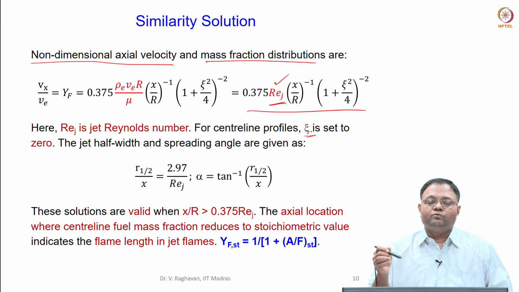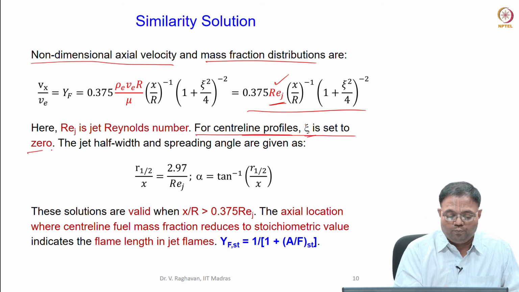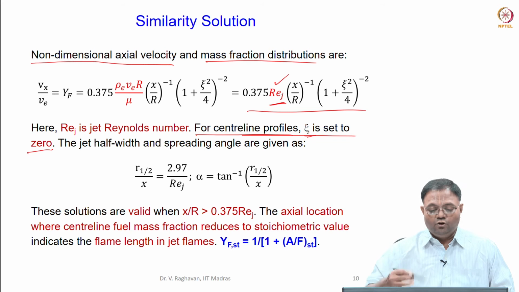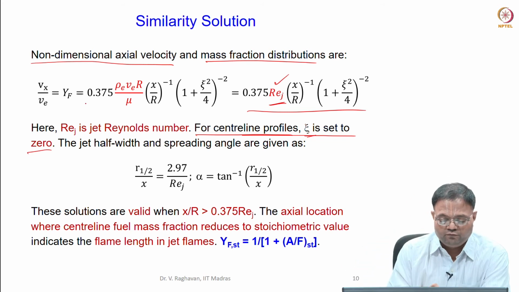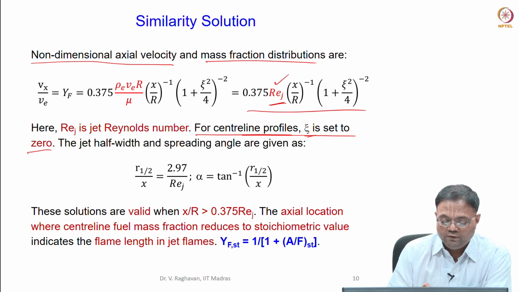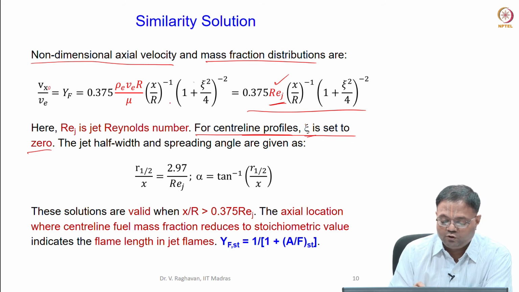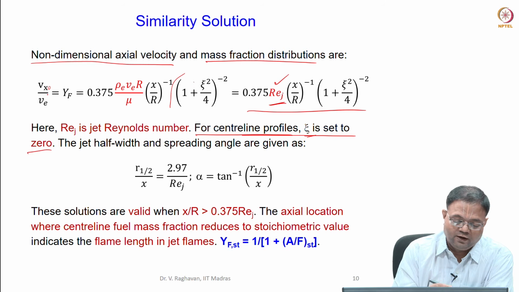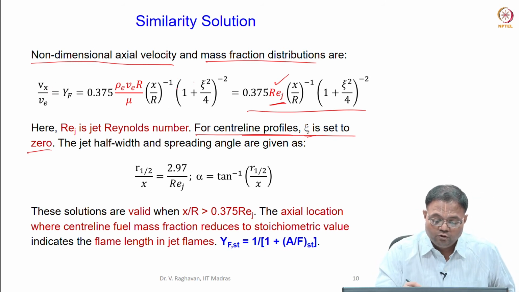So, r by x is set to 0, then you will get the central line profile. For central line profiles, set psi as 0 in this equation and you will get the velocity decay, etc. If you set psi equal to 0, this term goes and you get only Vx central line. So, Vx comma 0 will be without this term. That you can use.